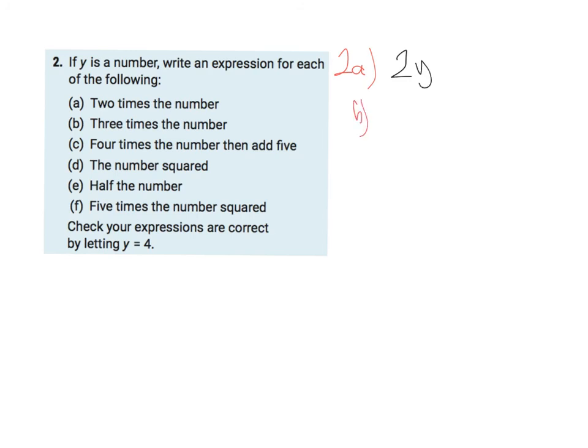For part B, 3 times the number. For part C, 4 times the number. Then add 5. For D, the number squared.